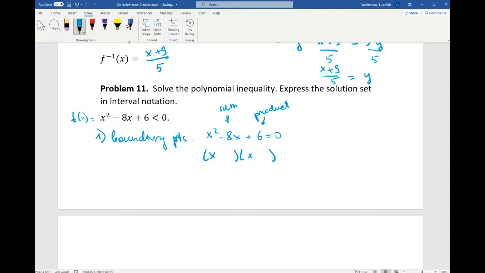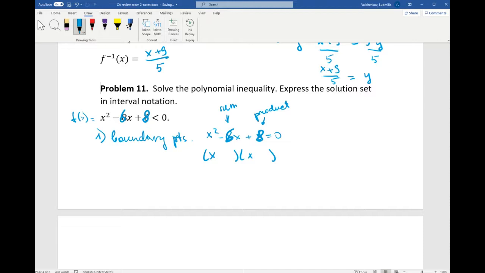So like, let us try 2 and 3. No, wait a minute. Okay, I think I mixed up something. I think I wanted to write 6 here and 8 here.